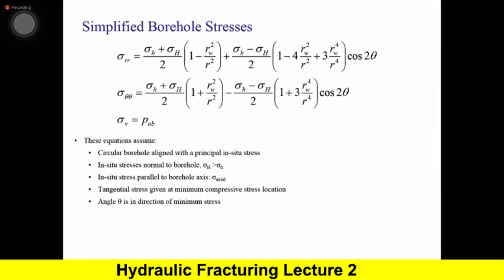So we used to talk about 4 to 6 fractures. Now we fracture not even 10 or 20, sometimes 100 fractures in one horizontal well because the formation is extremely tight. You can do that only with a horizontal well where you create multiple fractures.